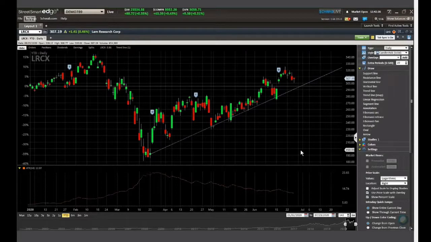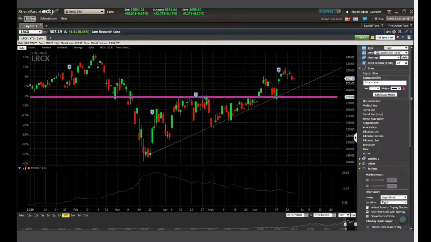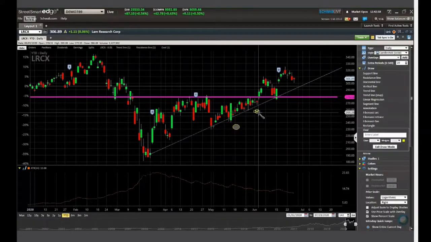All right. So Lam Research, good example. Resistance line right here. Could not get its head above there. Could not, and then it boom broke up. Then what happens? Old resistance is new support, like multiple stories on a building. So if you were in Lam Research, maybe you were riding it up as it was doing this. Great, great, great.